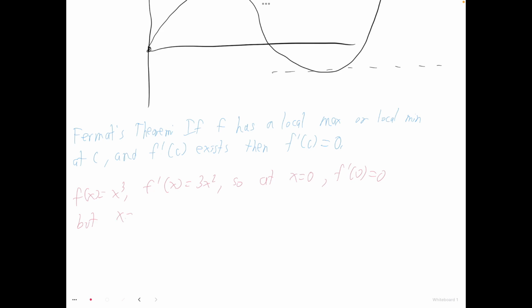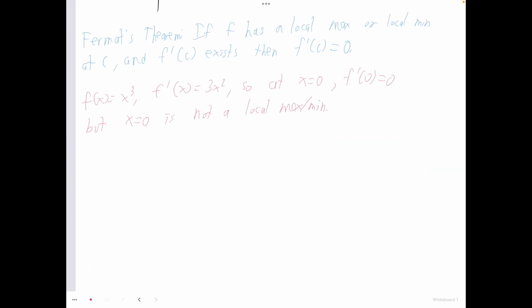But x equals 0 is not a local max or min. We saw that a second ago; we just drew its picture. So even though the derivative was 0 at 0, that doesn't mean we got a local maximum. Just knowing the derivative is 0 is not enough.